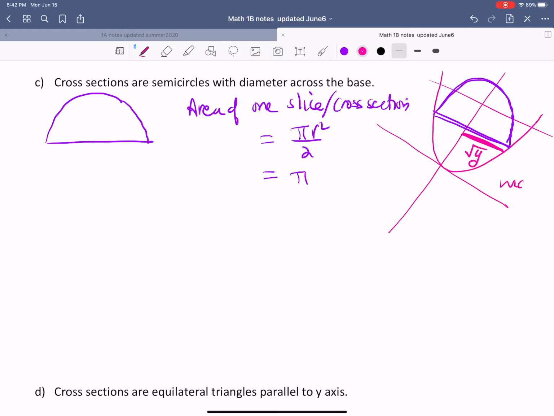The width of the slice would be in terms of delta y because the slices are perpendicular to the y-axis. So pi times the radius, square root of y, squared divided by 2, which is pi y divided by 2.